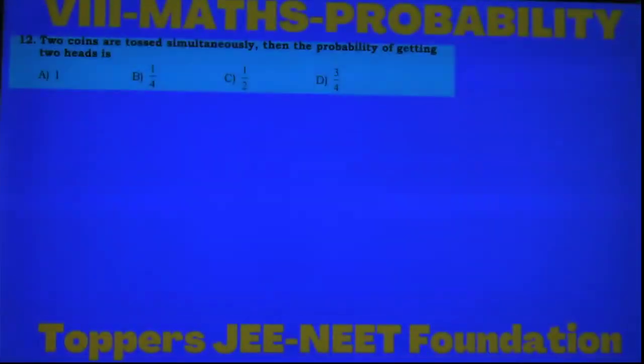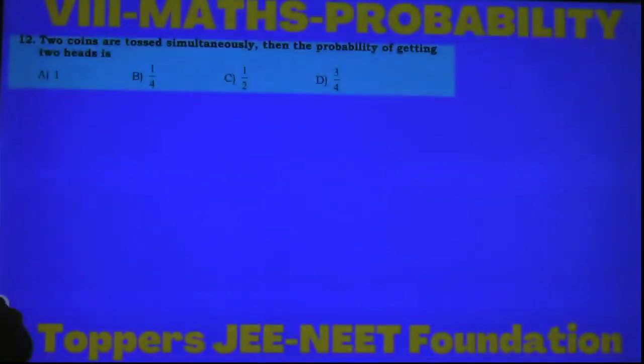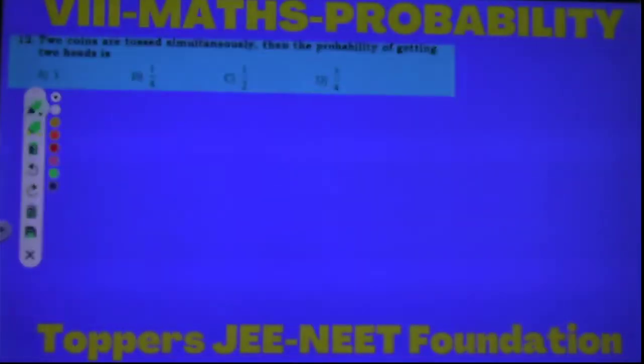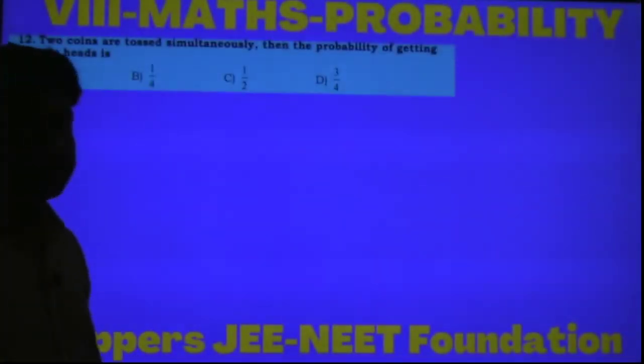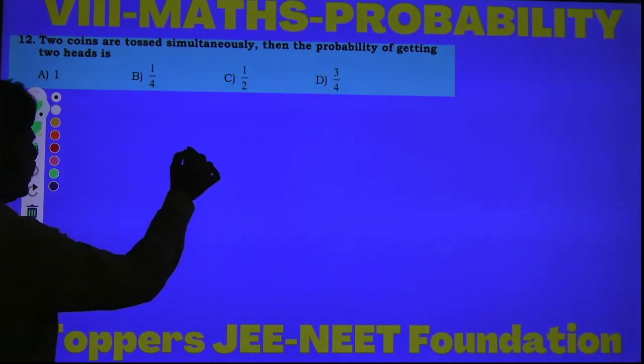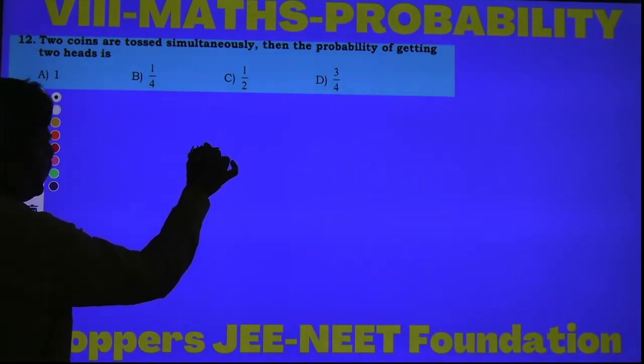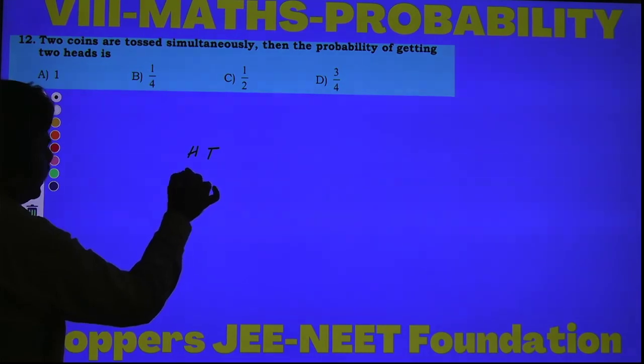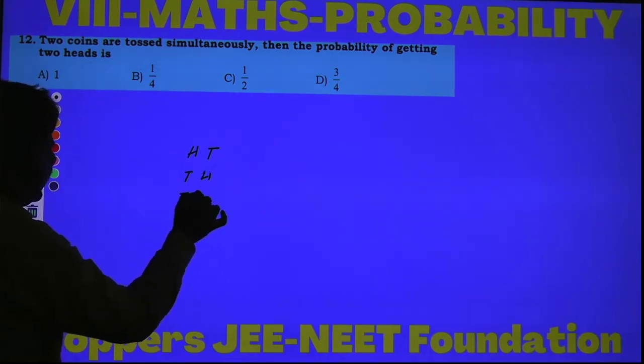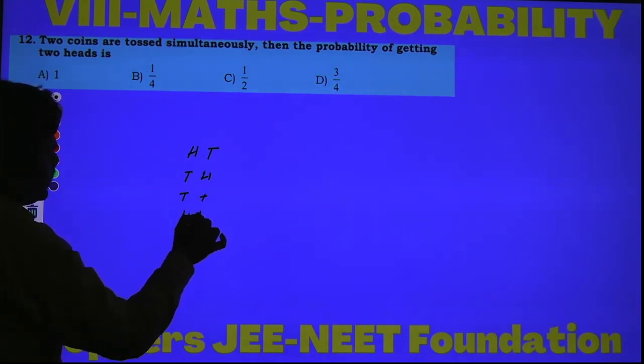Two coins are tossed simultaneously, then the probability of getting two heads. Suppose you toss two coins simultaneously, then what are the possible outcomes? HT, TH, TT and HH.